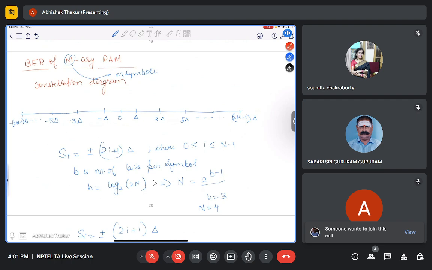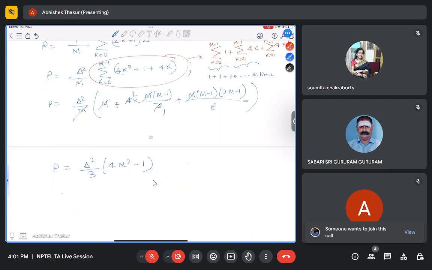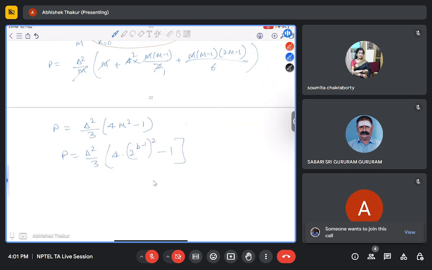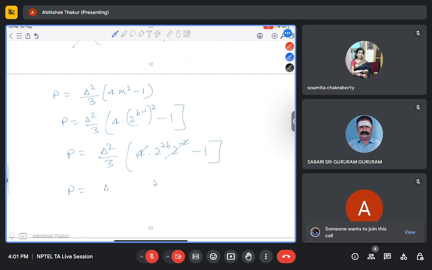Here we have written 2 to the power of b. So P is equal to delta square by 3 times 4 to the power of b minus 1, so P is equal to delta square by 3 times 2 to the power of 2b minus 1. So the power of this M-array PAM is delta square by 3 into 2 to the power of 2b minus 1.